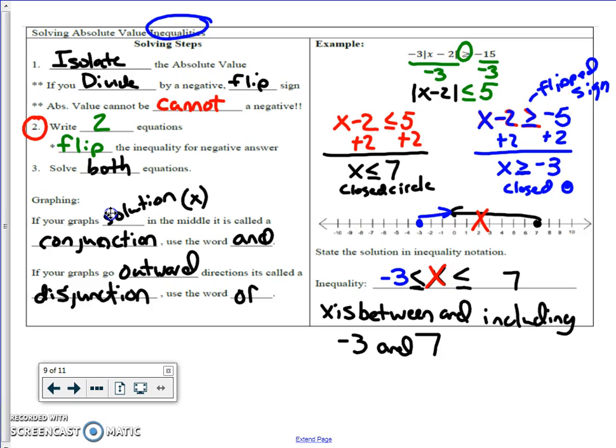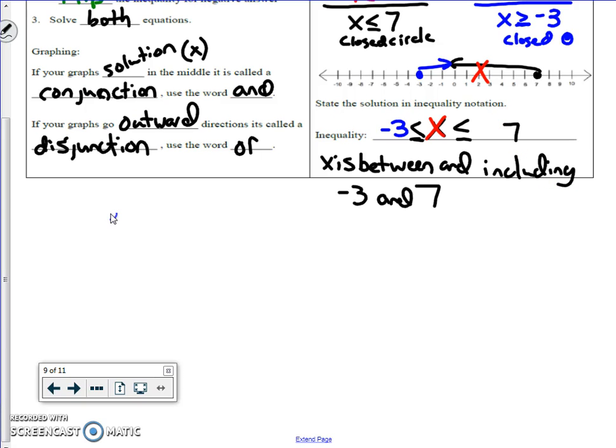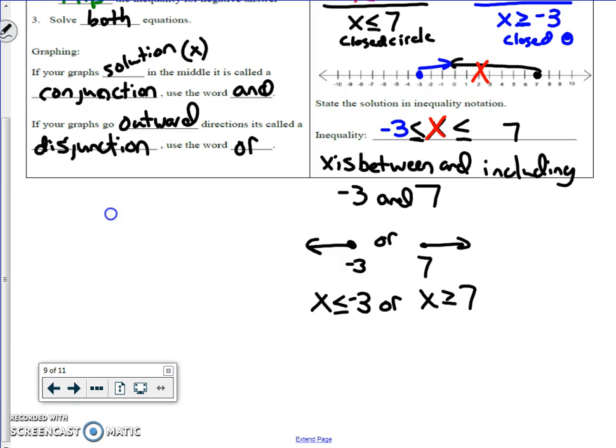All right, that's an example of solving absolute value inequalities. If these were not a conjunction but a disjunction, I'll show you that example real quick before we go on. So let's say for some reason I had this. This would be a disjunction, and I would write this as x is less than or equal to negative 3, or x is greater than or equal to 7.